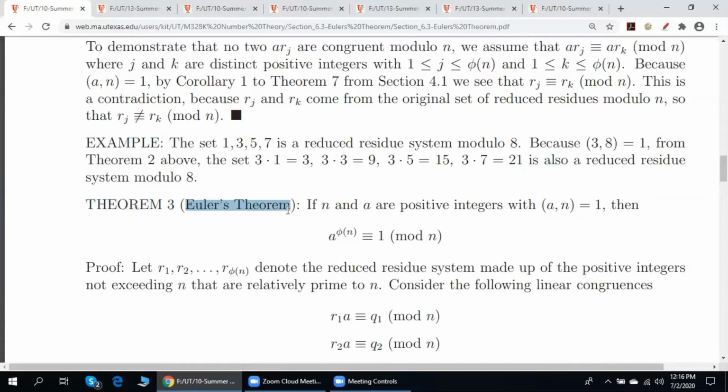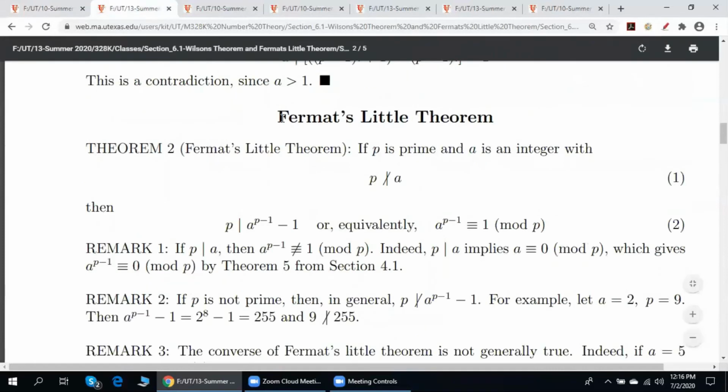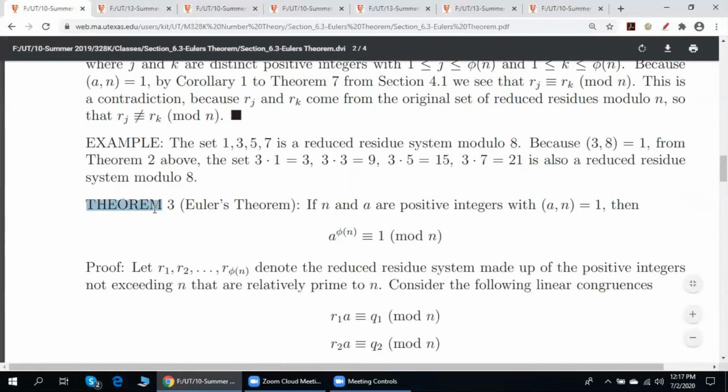Euler's theorem. If n and a are positive integers, moreover relatively prime integers, then a to phi of n is congruent to 1 modulo n. Note that Fermat's little theorem is a particular case of theorem 3.